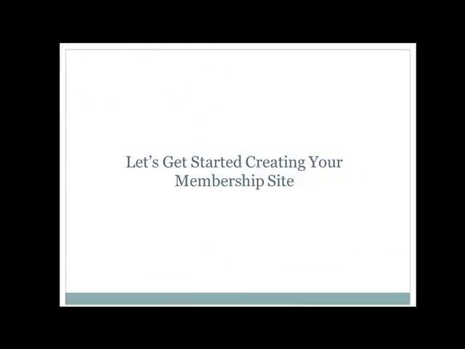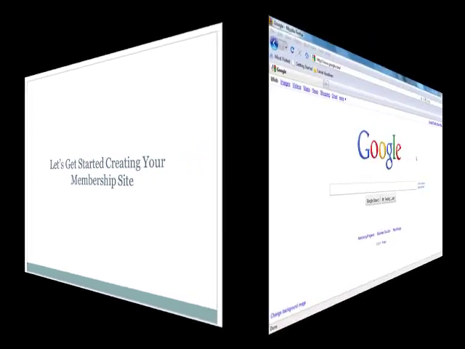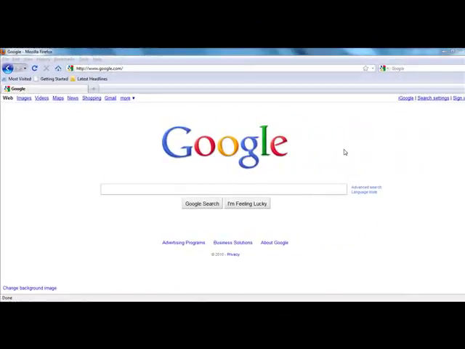So now we're going to get started creating our membership site. Again, we're creating a very basic autoresponder membership site with this video on-screen training. So we're going to go on over to Aweber.